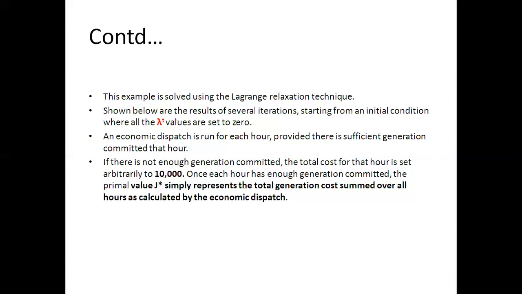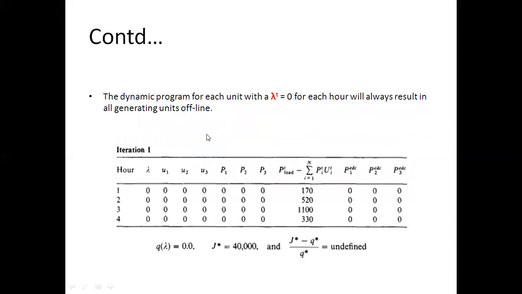If there is generation, we just apply the knowledge of economic dispatch to calculate the total cost for that particular hour in order to calculate the value of J star. That is, J star simply represents the total generation cost summed over all hours as calculated by the economic dispatch. So let us start with lambda t equal to 0.